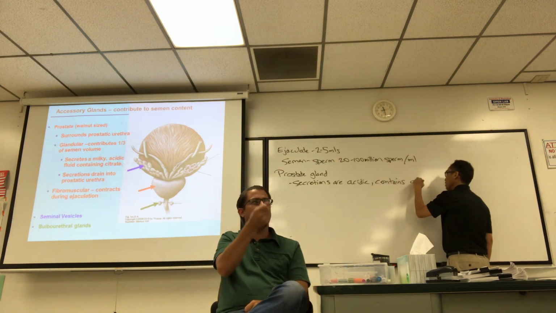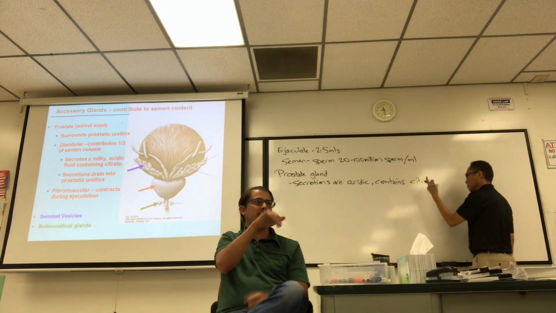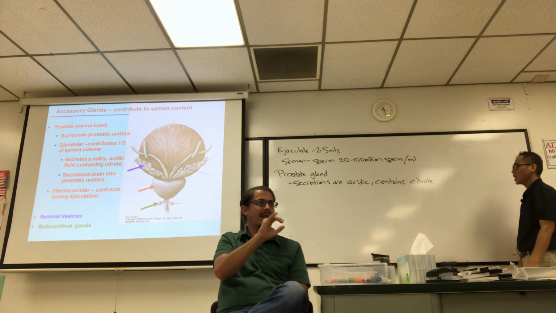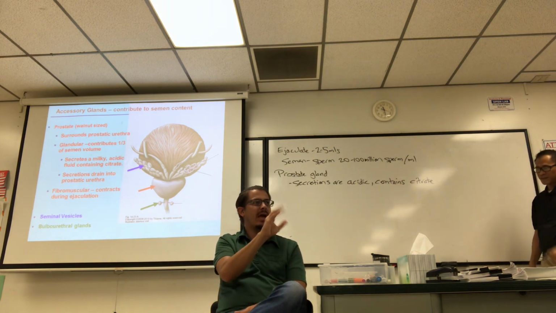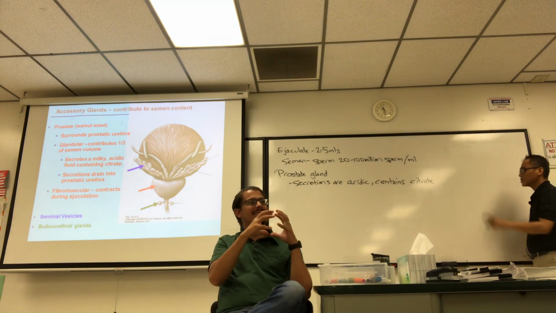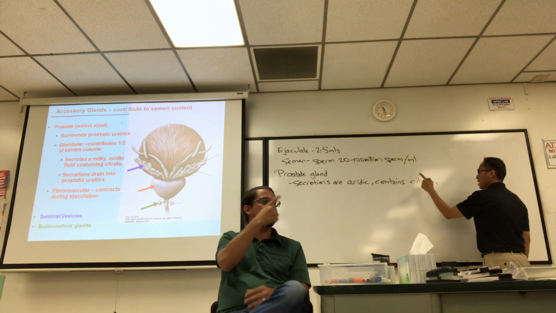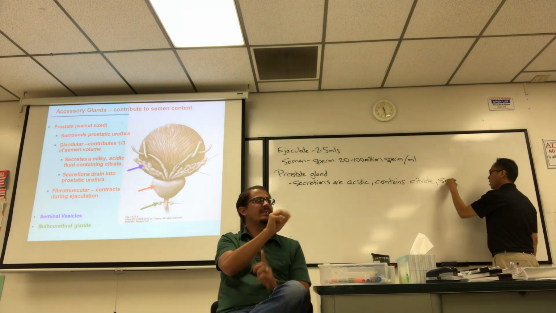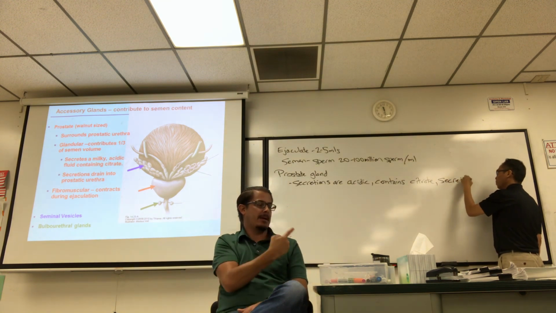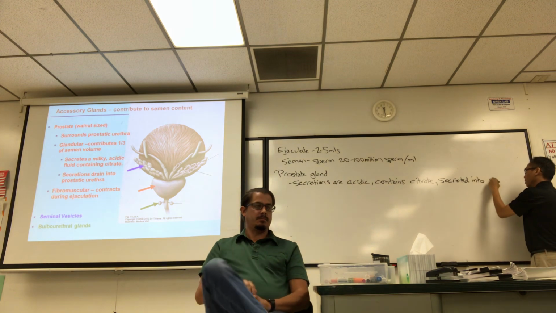Contains citrate. That's what makes it acidic, like citric acid in OJ. You need that for the cell metabolism. And this slightly acidic secretion, again, is secreted into prostatic urethra.